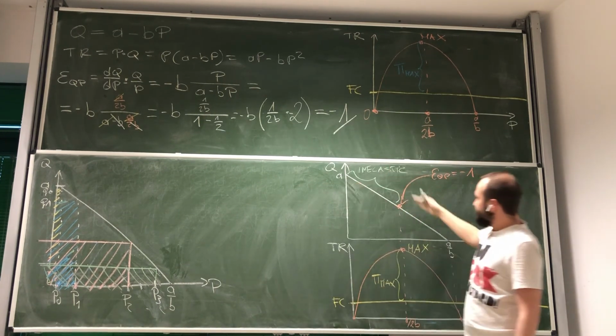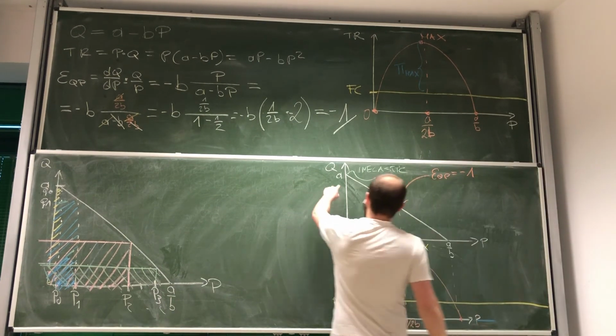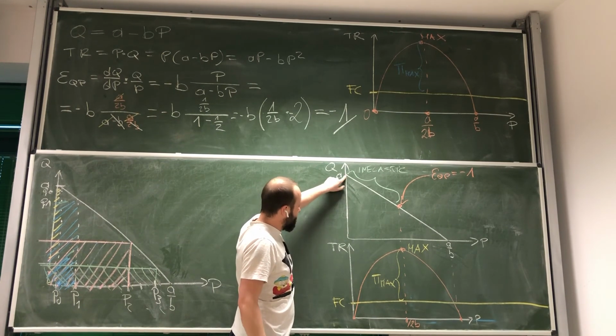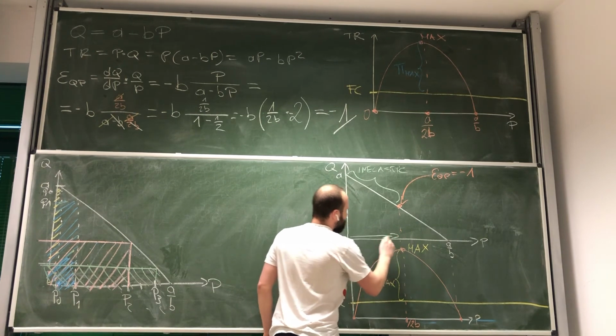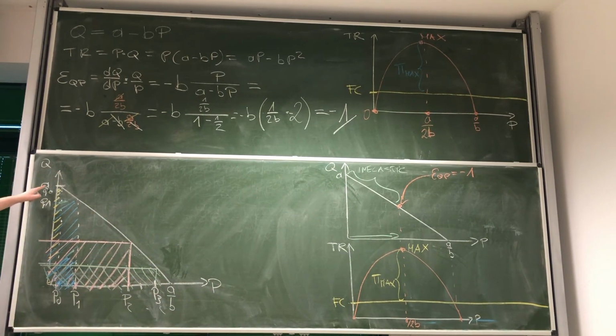So, what is the rational thing to do when we are here? Well, we see that price is very low and quantity is very high. So the rational thing to do is to increase price. And as we increase price, we have this effect that price elasticity of demand is between -1 and 0.